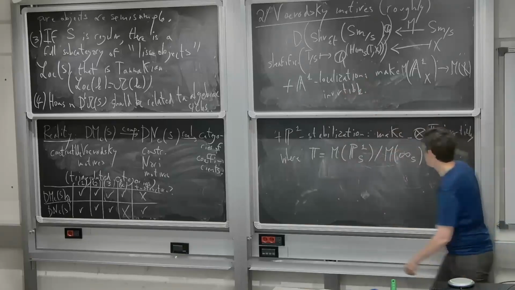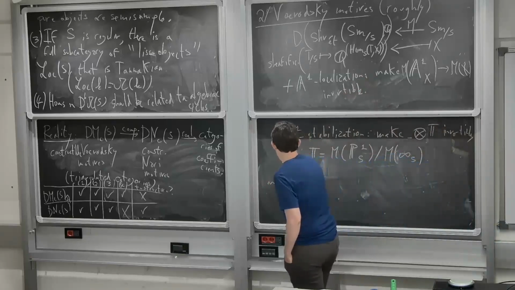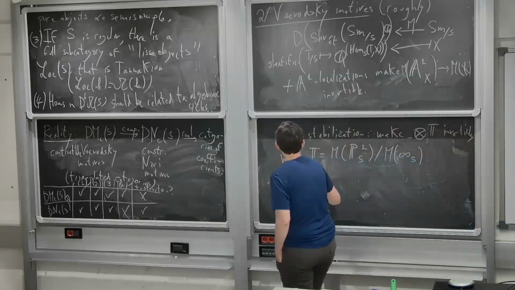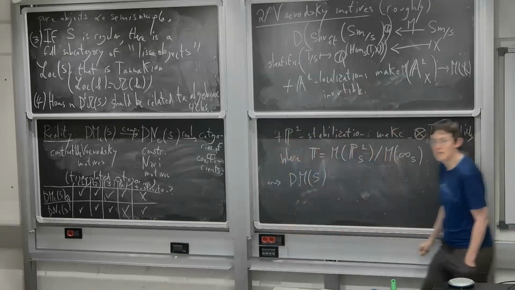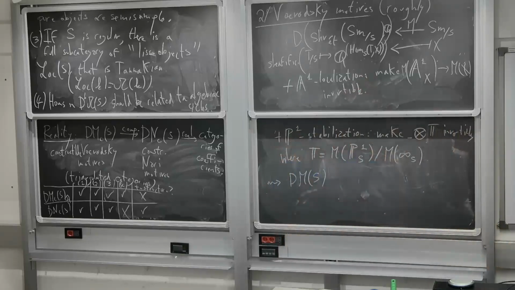Okay, and then you get a category that you call, I don't know, DM of S, which is the big category of Voevodsky motives.